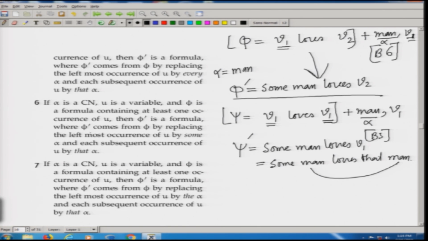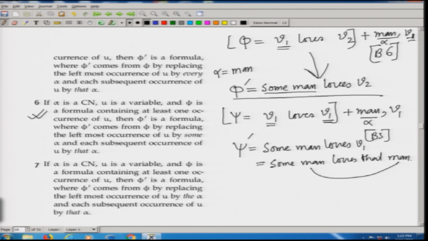Then phi prime comes from phi by replacing the leftmost occurrence of u by some alpha, that is some man, which we have done, and each subsequent occurrence of u by that alpha. We do not have any subsequent occurrence here. So this derivation is fine. Actually I was doing B6 first. We have done this for B6.